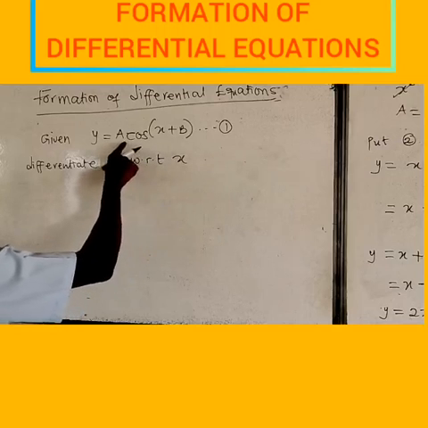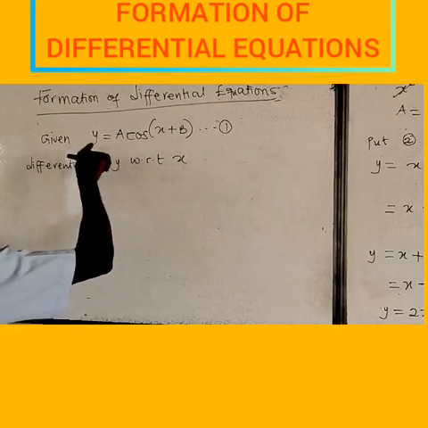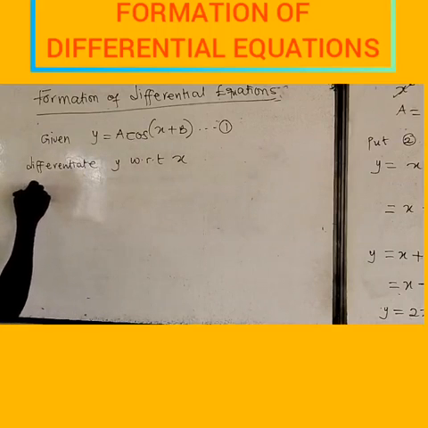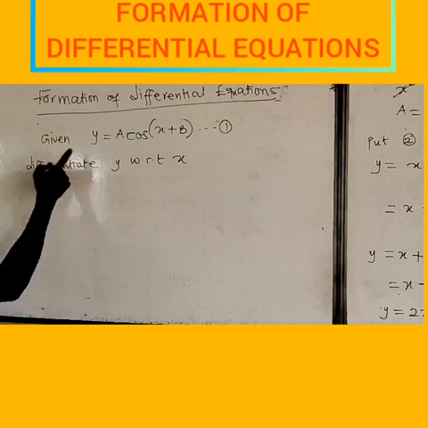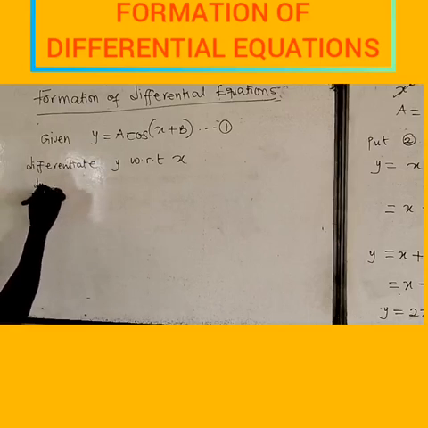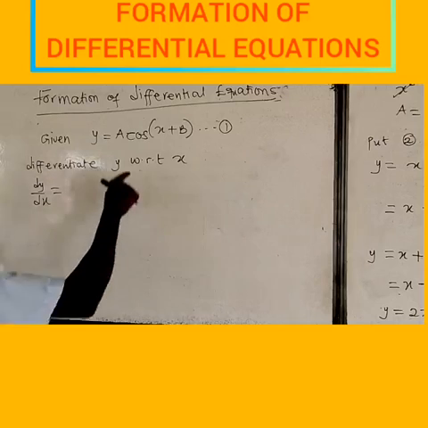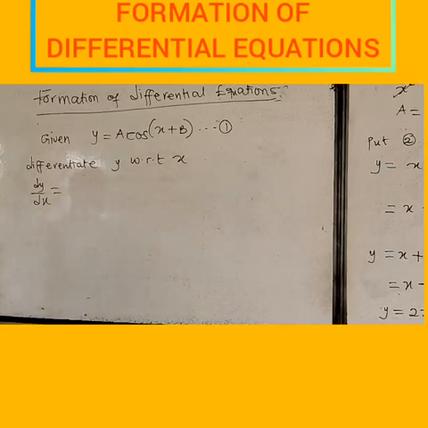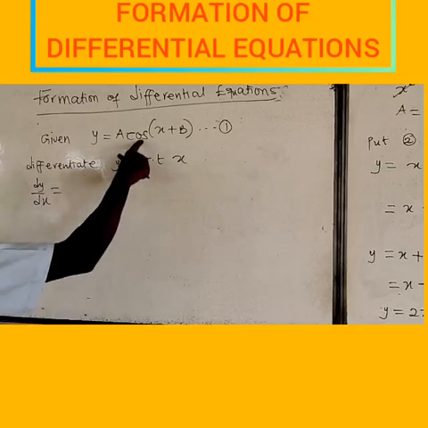We are differentiating y with respect to x because y is the dependent variable and x is the independent variable. Okay, so if we differentiate this, we are going to get dy dx equals to, now in this function, this is a trig function, but there is another function inside the trig function.